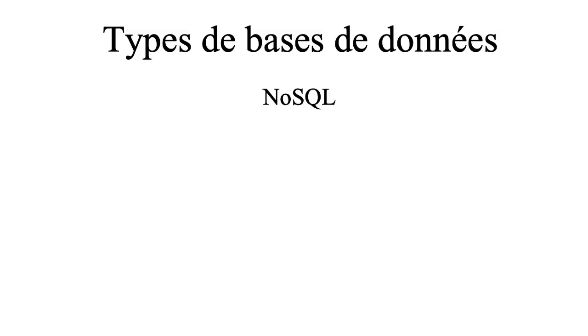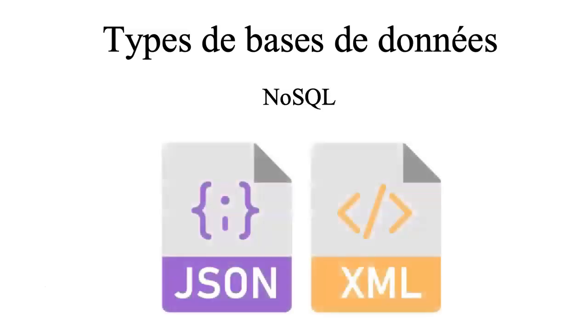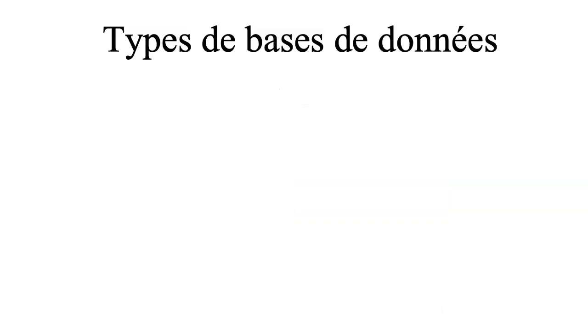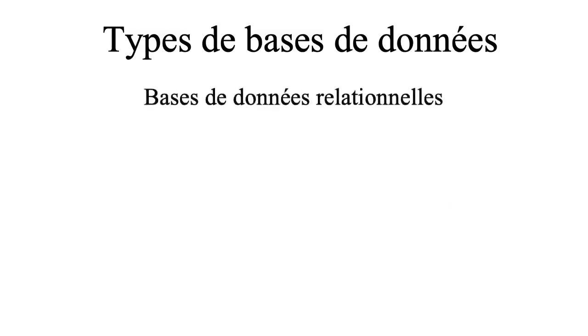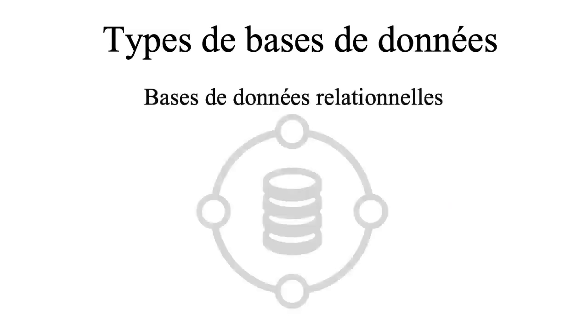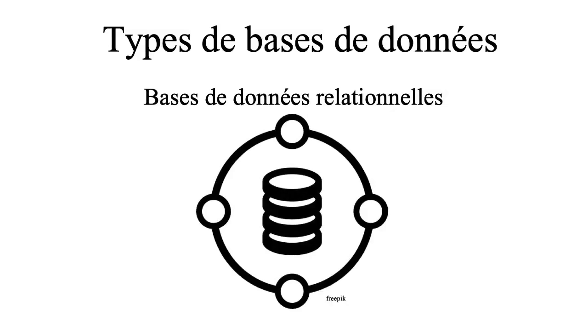Most of the time, the documents we use are in XML or JSON format. They are very flexible and extensible, but they also have their downsides. Finally, there are relational databases, which are by far the most popular databases nowadays. If you hear about Oracle, MySQL, or SQL Server, all of them are relational databases. PostgreSQL is also a relational database.